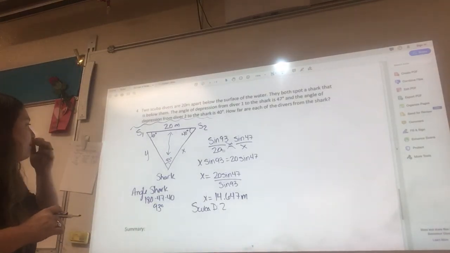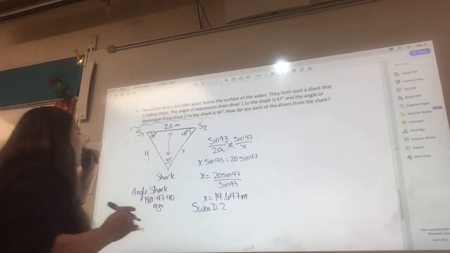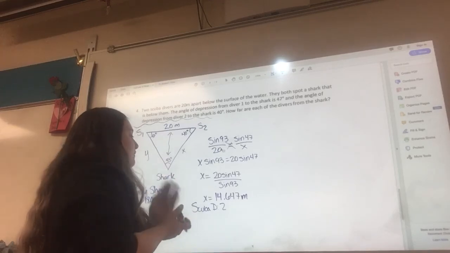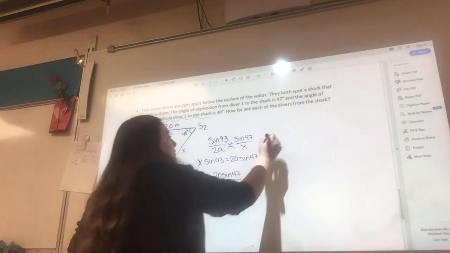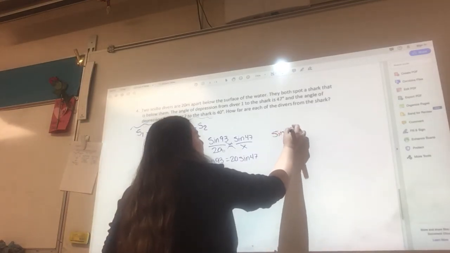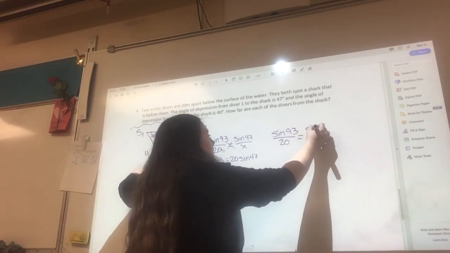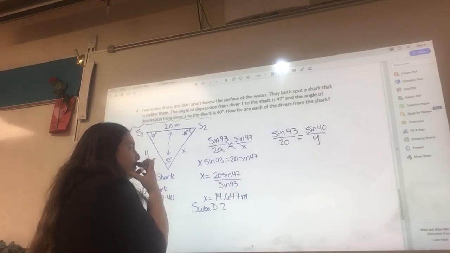So now we're going to do scuba diver 1's length, but we have to use scuba diver 2's angle. I'm still going to use sine 93 and 20, because that is, again, what has been given to us. We had to approximate, try not to use approximates. So we're going to do sine of 93 over 20 is equal to sine of 40 over y, and it's just another proportion, just like what we solved.